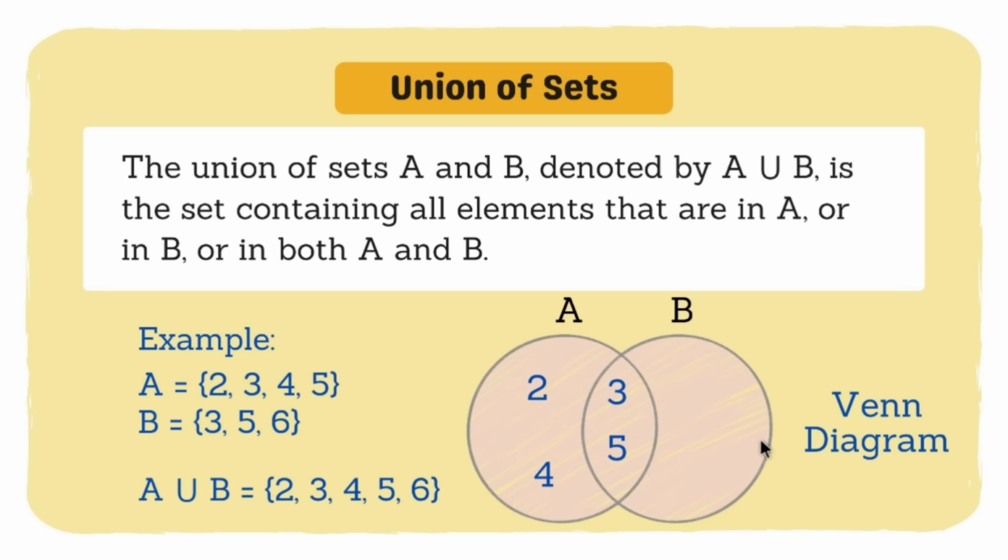Part of this is now the element of B. Okay? Ngayon, ano na pong naiwan kay set B? Nalagay na po natin si 3 and 5 sa gitna. Ano na pong naiwan? It's 6. Okay? So, dito po natin siya ilalagay. Okay? So, we have here 6. Okay? Ganun po ang paggawa ng Venn diagram when we want to visualize the union of sets.